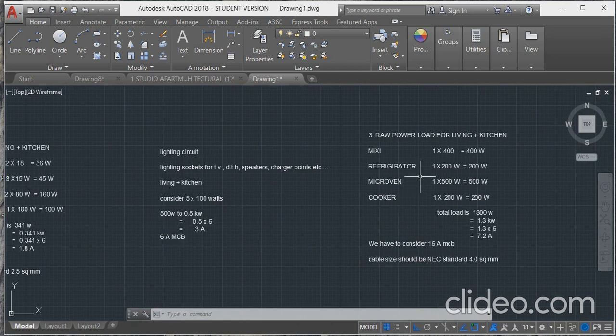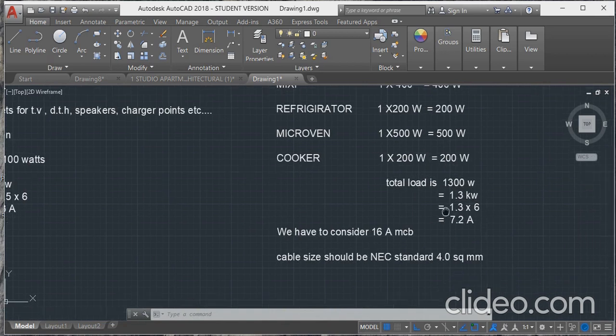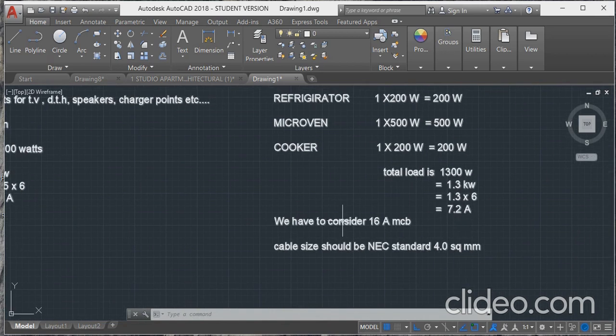The total will be 1300 watts. Multiplying it by 1.6 into 6, we will get 7.2 amps. We have to consider a 16 amp single pole MCB in the raw power circuit designing according to the NEC standard. Cable size should be, as per National Electrical Code, 4 square mm.